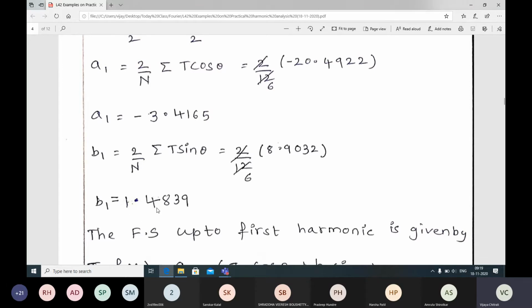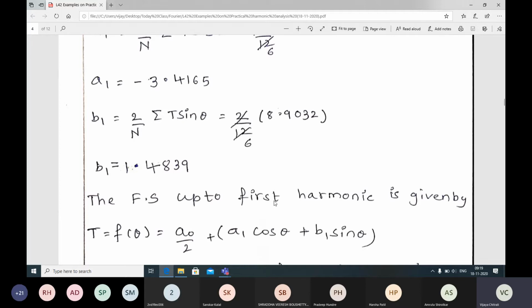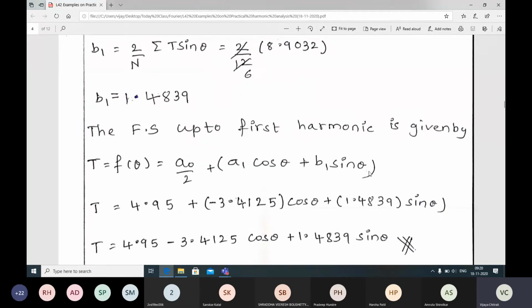So B1 is equal to 1.4839. The Fourier series up to the first harmonic is given by, with theta in place of x and capital T in place of y, A naught by 2 plus A1 cos theta plus B1 sin theta. This is the first harmonic, and A naught is the constant term.